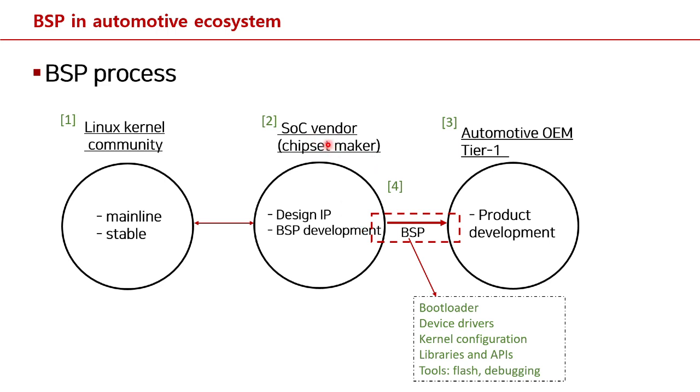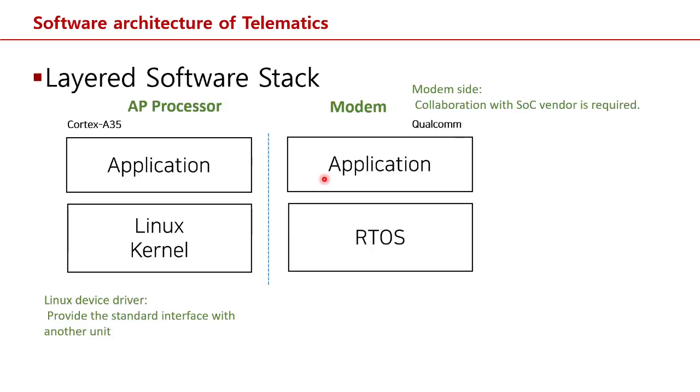Let's talk about the second player of the automotive ecosystem in terms of the telematics system. The chipset vendor manufactures their chipset based on the requirements of their product. In this case, they manufacture the chipset for the telematics system, so they design their chipset based on this kind of software stack.